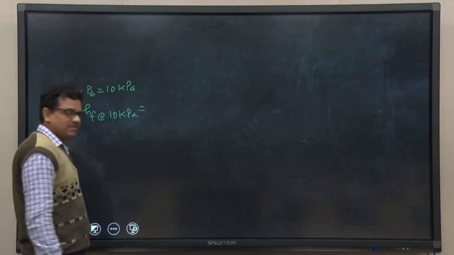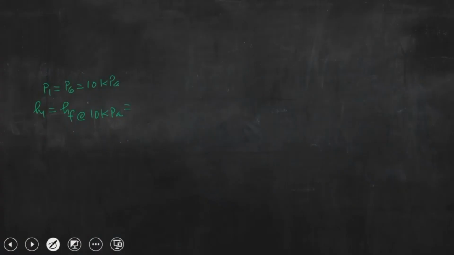Here pressure is given as 10 kilopascal. So, we can easily calculate the enthalpy at state point 1, that is nothing but the enthalpy of saturated liquid corresponding to 10 kilopascal. Instead of pressure, if temperature is given, then you also can calculate enthalpy at state point 1, which is saturated enthalpy corresponding to that temperature.